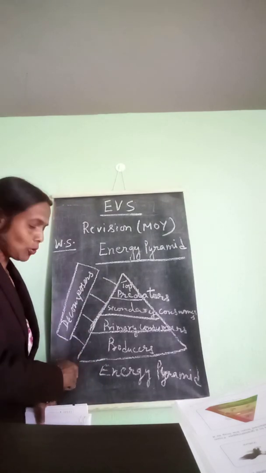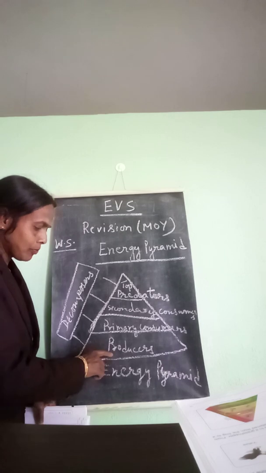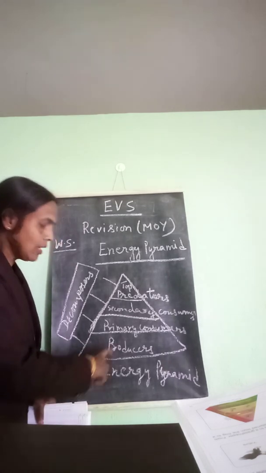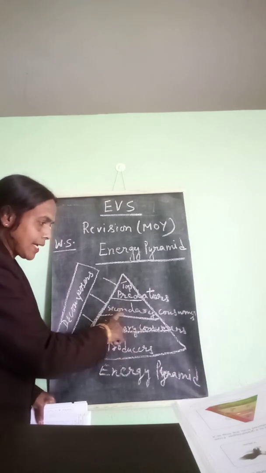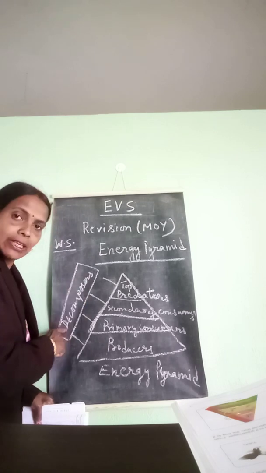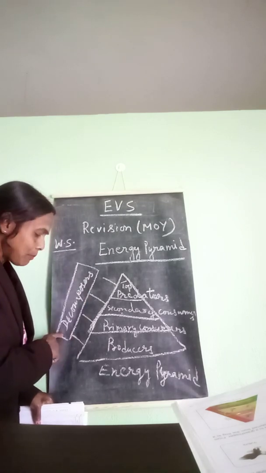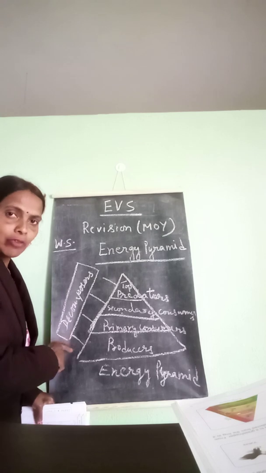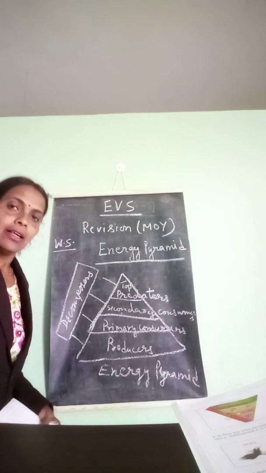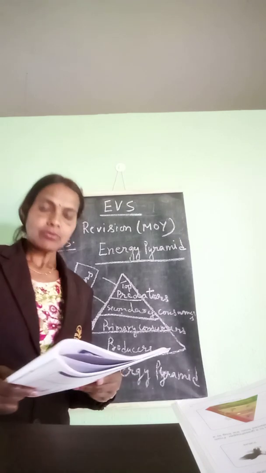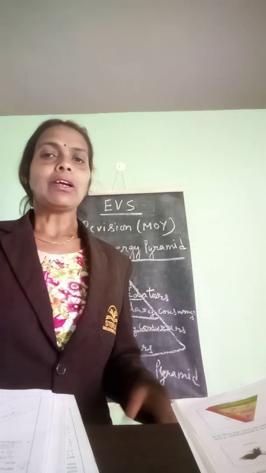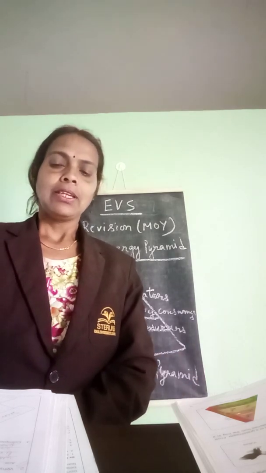Everybody should know how to draw the energy pyramid. Down one is producer, primary consumer, secondary consumer, top predator. When they die, the decomposers are going to break down these plants and animals into simpler form so that they can mix in the soil, and again plants can use it. So this shows that what is taken from nature will come back to nature only.